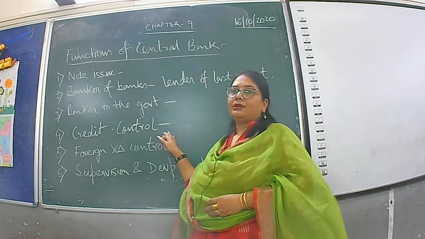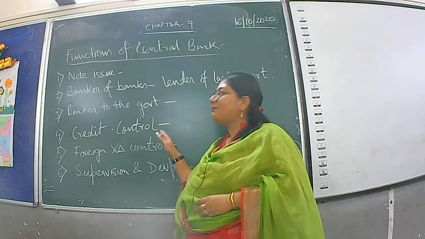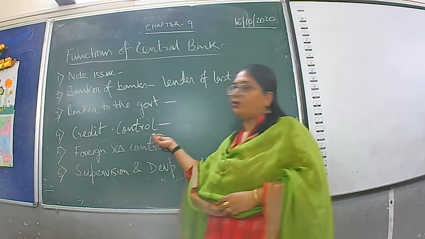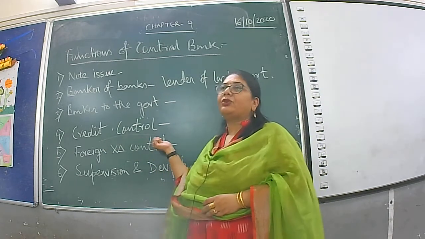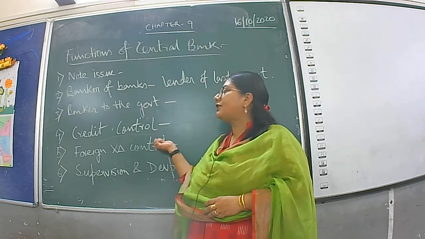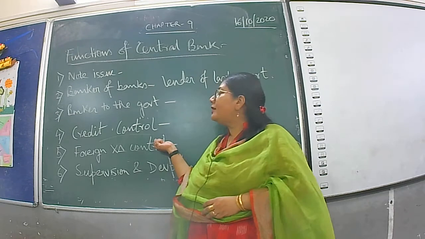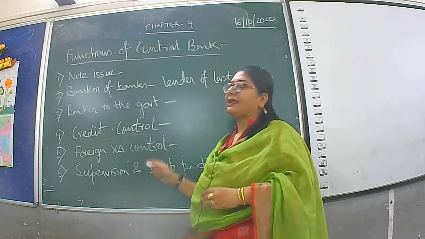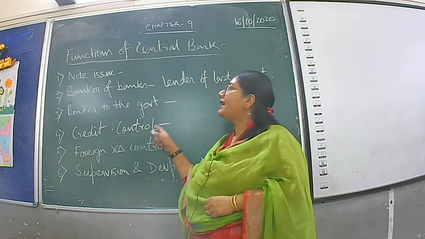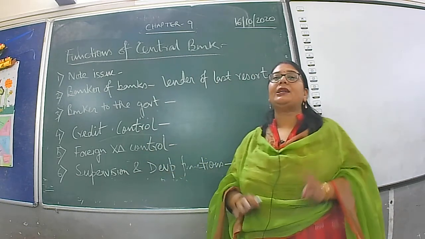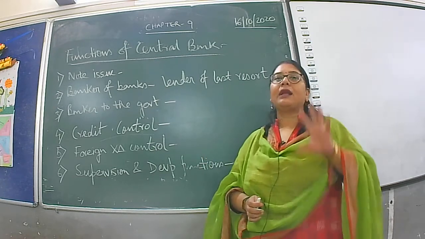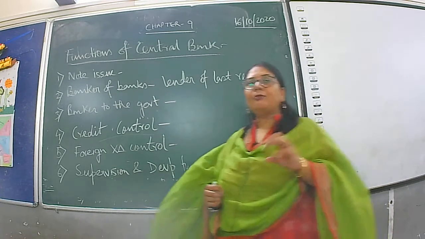Number four, the most important function of the central bank, is credit control. This credit control we will do in detail in the next class. Just for the time being, you should know that the central bank can control the volume of credit provided by all the commercial banks. I repeat, a central bank can control the volume of credit.